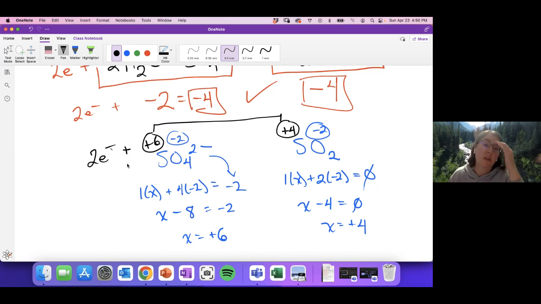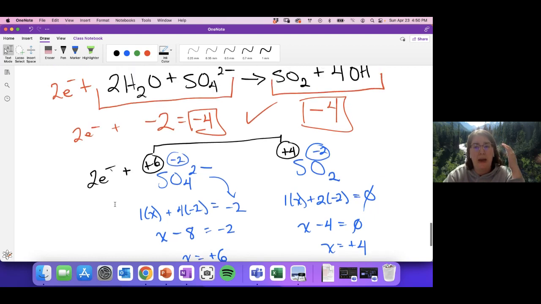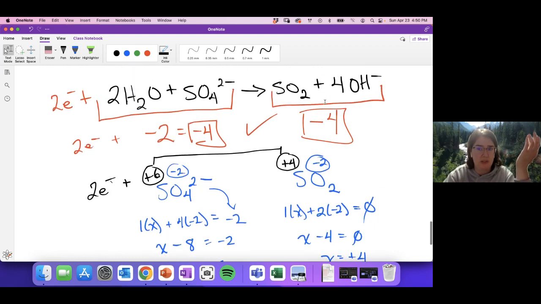While I understand that if speed is the only thing that you're looking for, then by all means, dealing with the positives and negatives of the whole left-hand side, right-hand side can certainly be faster. I would just be wary because that counts on the fact that you got all of the balancing correct and that you're carrying your charges correct.